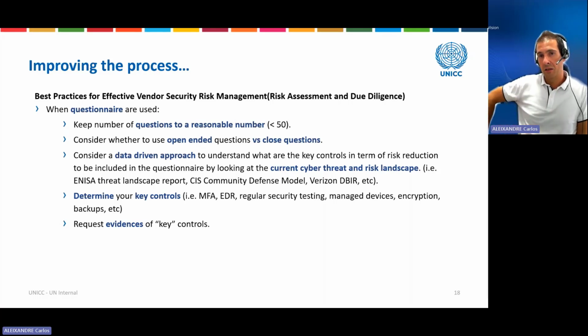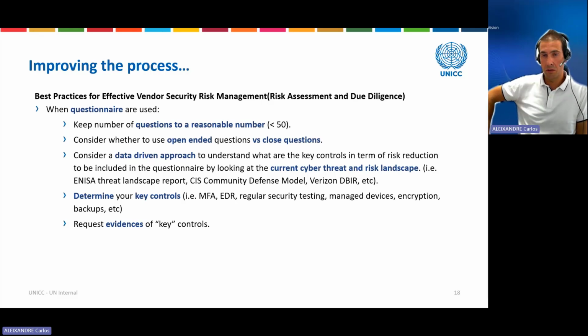So it's always good to look at this, right? Things like old password policies and legacy things don't make any sense nowadays, right? So in these less than 50 controls, we need to put relevant key controls that reduce risk, right? And these are the next bullet points.